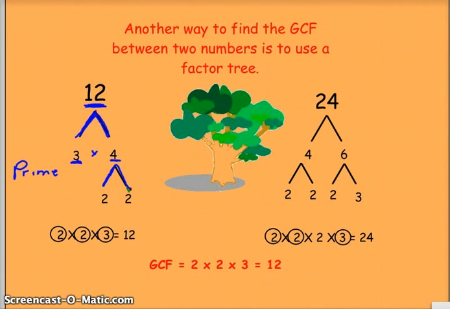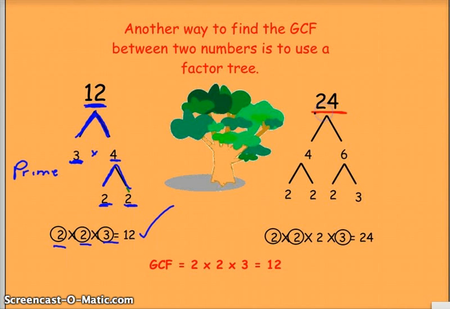I have another set of 2 branches, and the product of 2 times 2 equals 4, and we all know that 2 is prime. So I look at my prime numbers here, a 3, a 2, and a 2. Those are my final leaves. And I say 2 times 2 times 3 is 12, check. That's the prime factorization of 12.